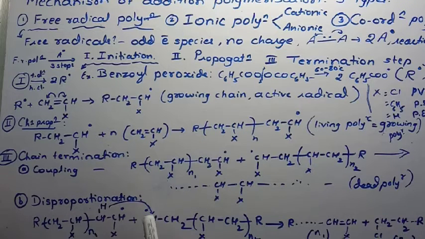So thereby what happens here, there is a shifting of hydrogen and thereby there is an unsaturation, and this leads to the formation of two molecules. By shifting the hydrogen atom, this molecule is becoming a macromolecule with unsaturated property.